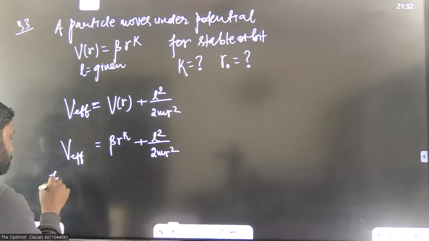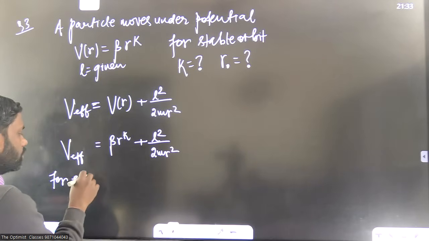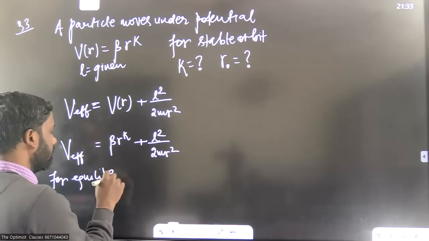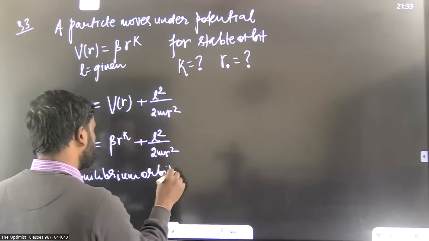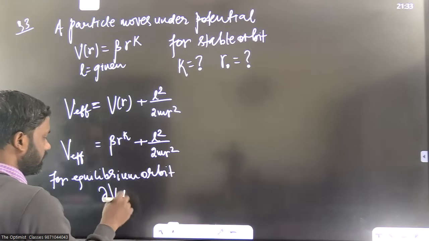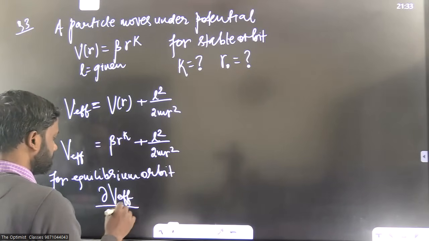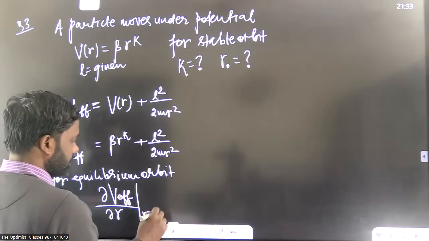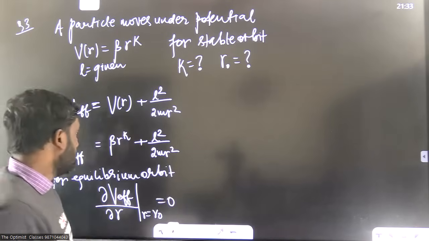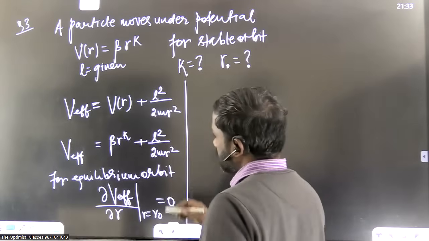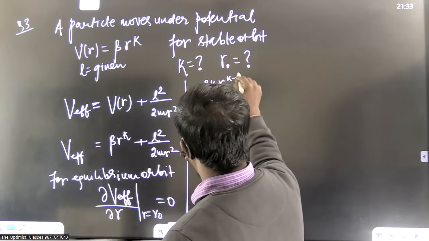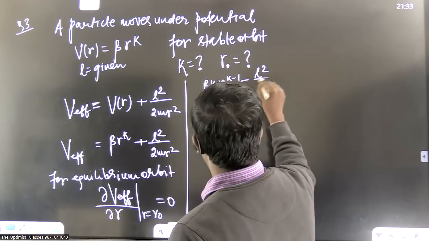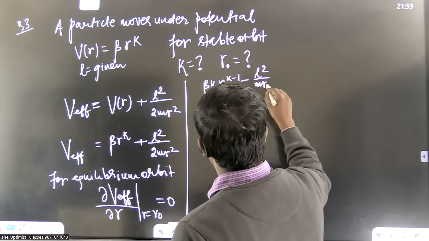Now for equilibrium orbit, or you can say stable orbit, generally we have this situation, dV effective by dr at some r equal to r naught is equal to 0. So let's differentiate it and see what we are getting. If you differentiate it, you get beta k r to the power k minus 1 minus L square upon m r cubed.